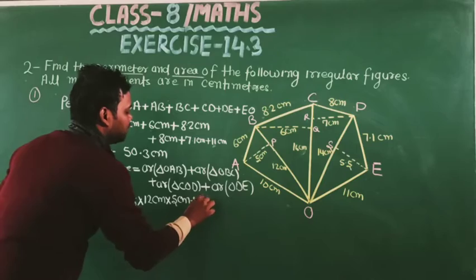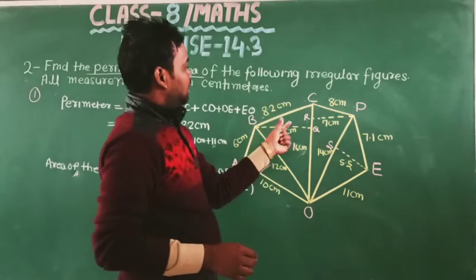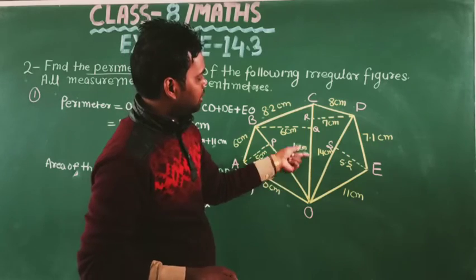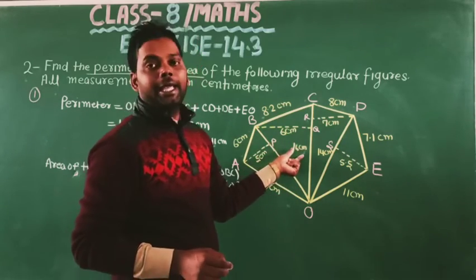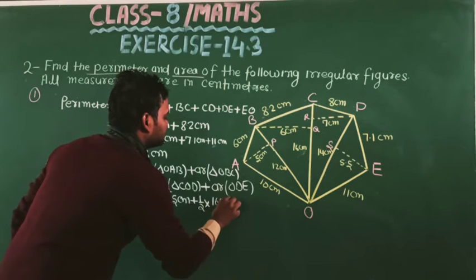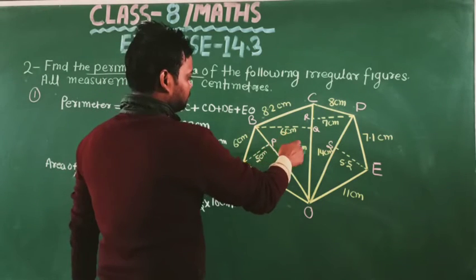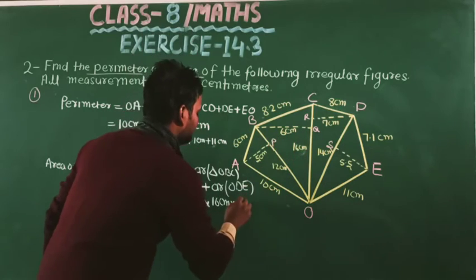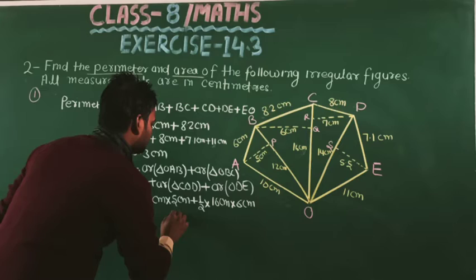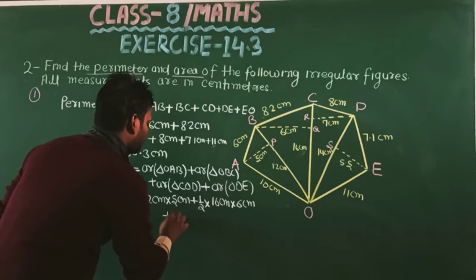Plus 1/2, base is this side OC, which is 16 centimeter, and height is 6 centimeter. Plus 1/2.